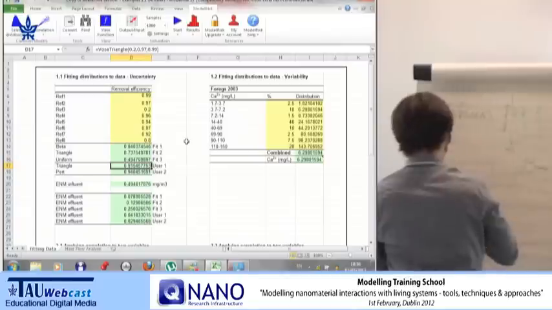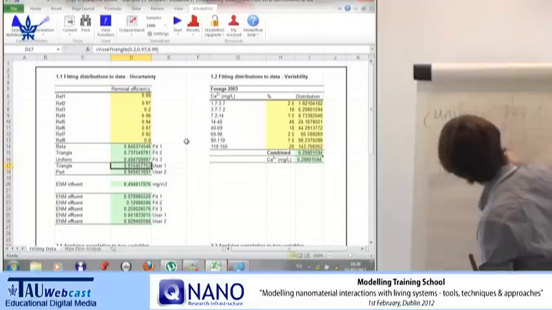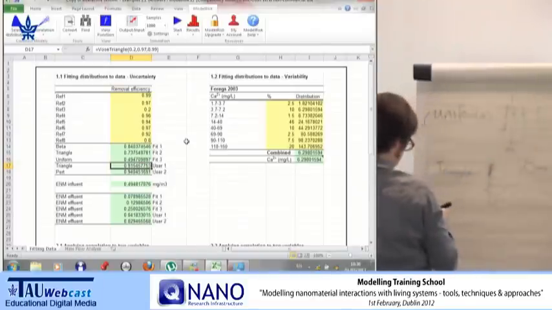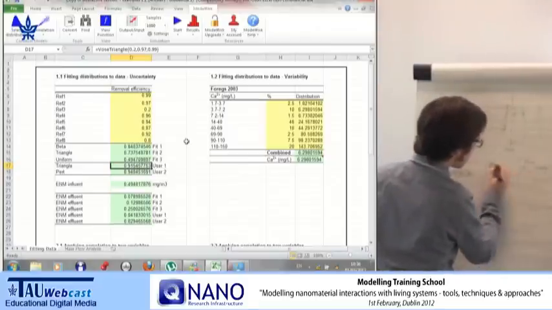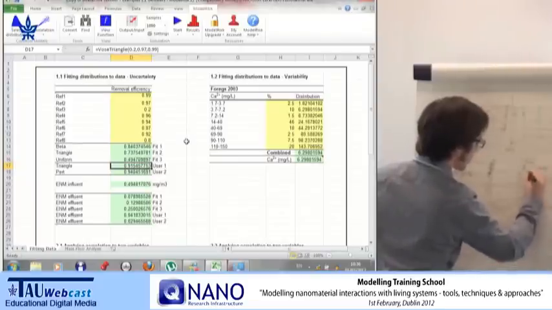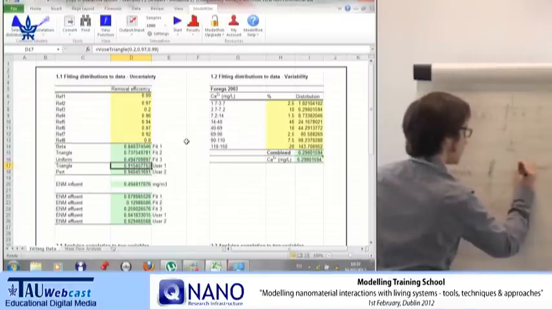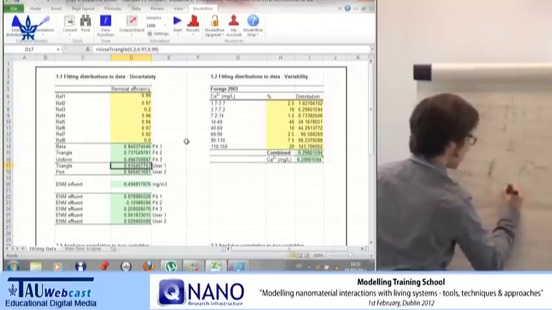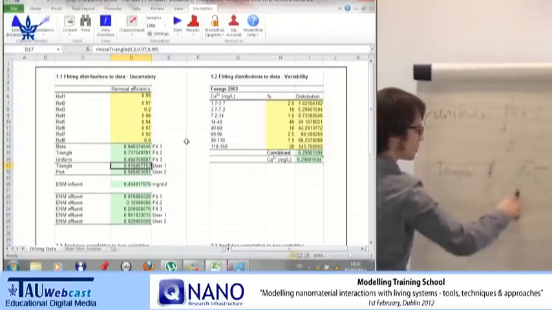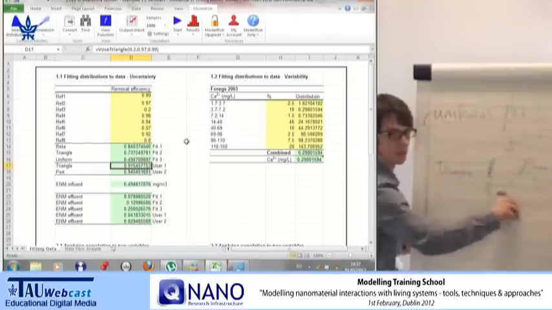Again, this is your probability density. The probability is higher that it will sample from your most likely. So it's a different shape distribution, weighted around the most likely, but it takes into account your max and your min, so it will sample some extreme values.